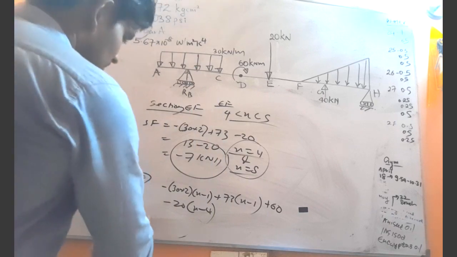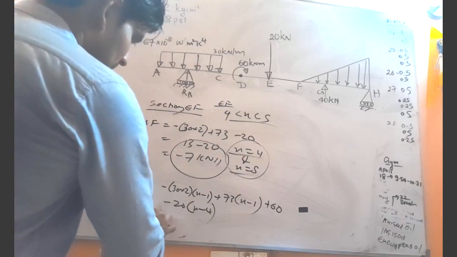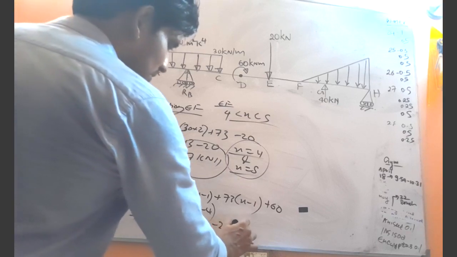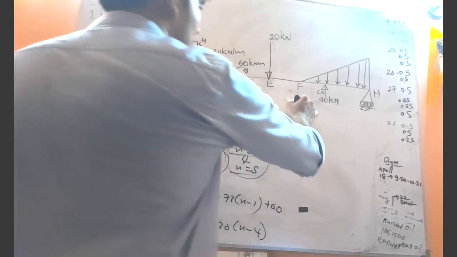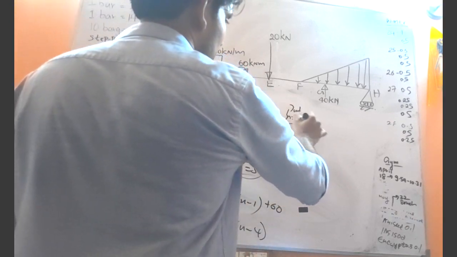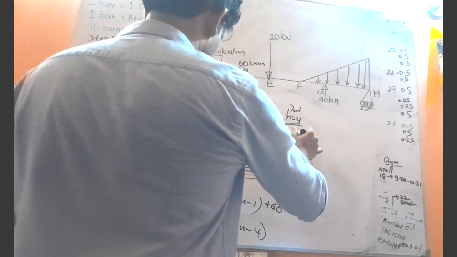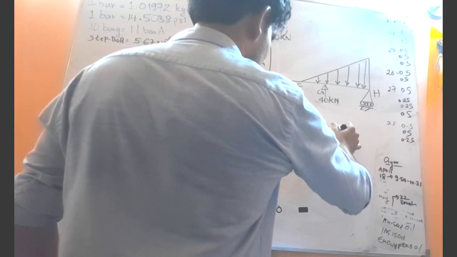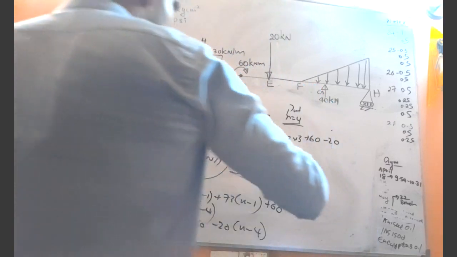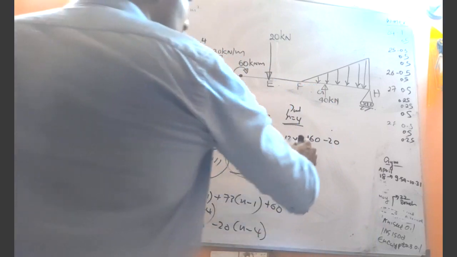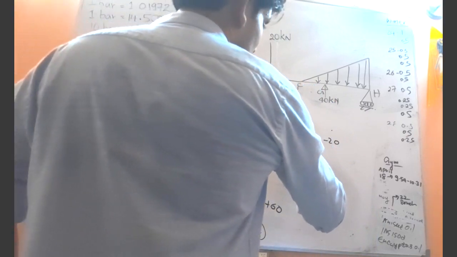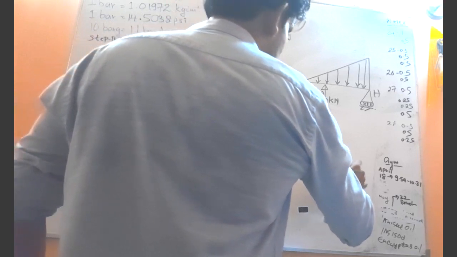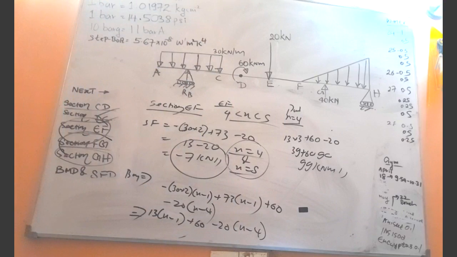So the general equation for the bending moment will be 13 times x minus 1 plus 60 minus 20 times x minus 4. Now put x equals 4: 13 into 3 plus 60 minus 20 into 4 minus 4, which is 0, so this cancels. So 13 into 3 is 39, plus 60, 99 kilonewton meters at x equals 4.